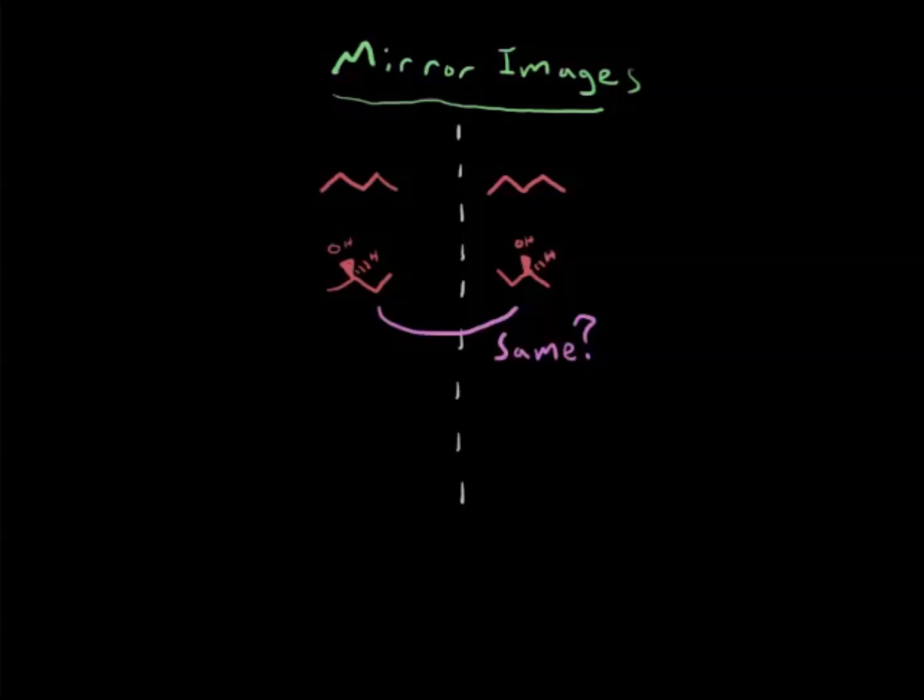Let's put this hydroxyl on the left. Let's go ahead and flip this molecule over. So now we have our hydroxyls on the same side, but notice now the hydroxyl is facing away from us. And these are two different molecules. These are two stereoisomers. So even though they look very similar, these are in fact two different isomers. And this is an example of the difference in configuration.